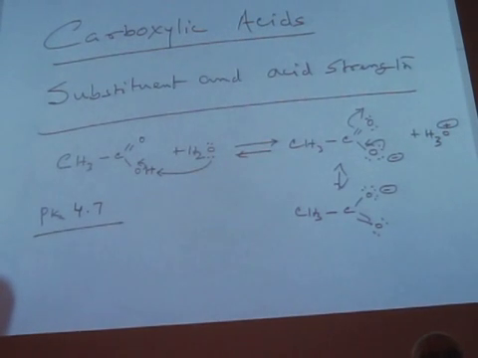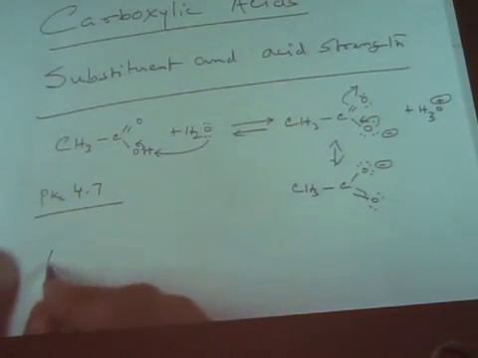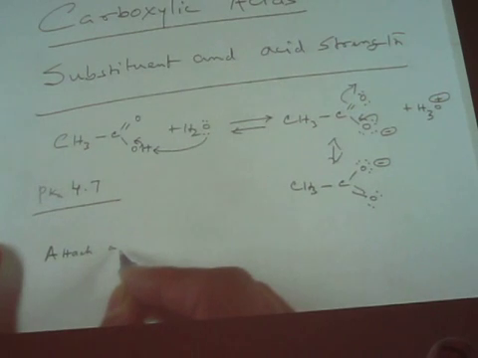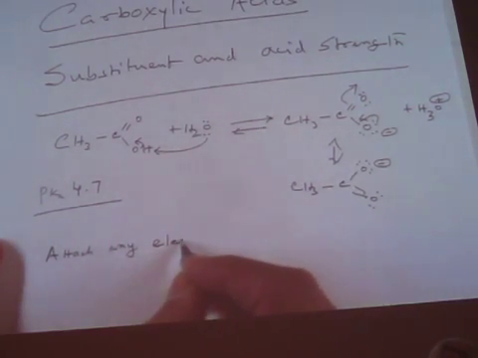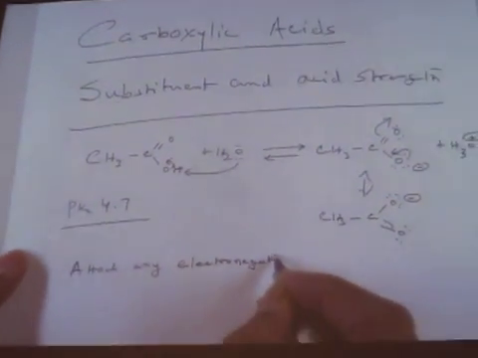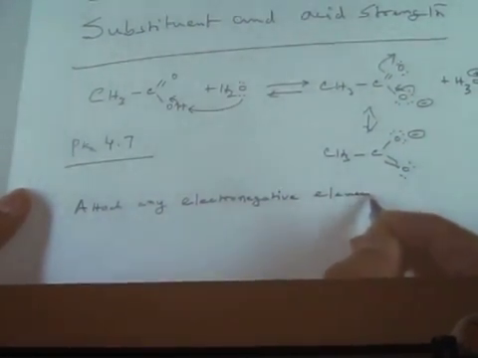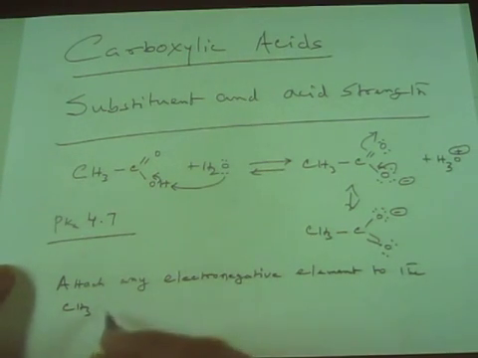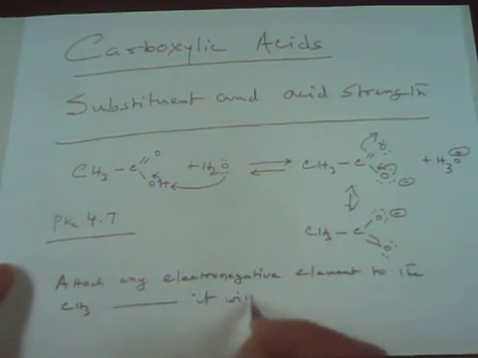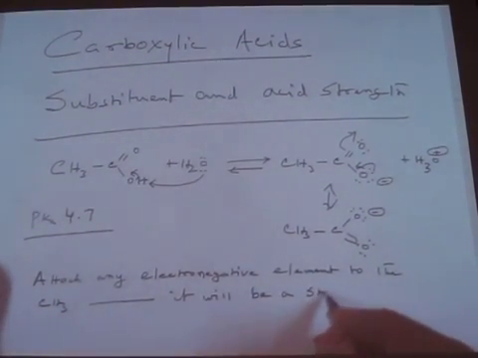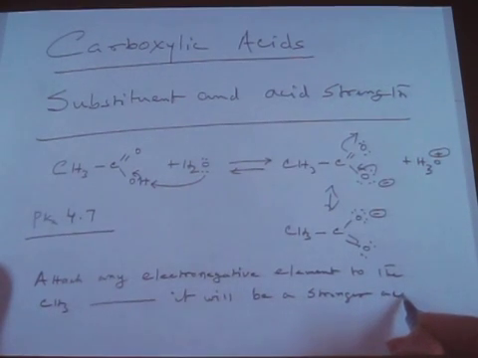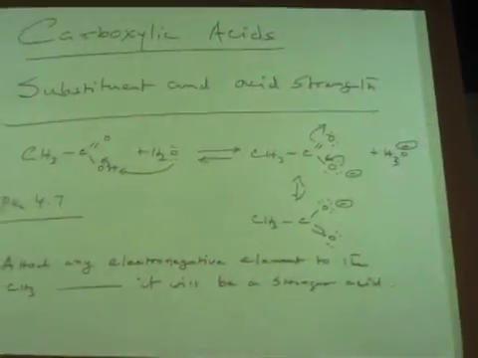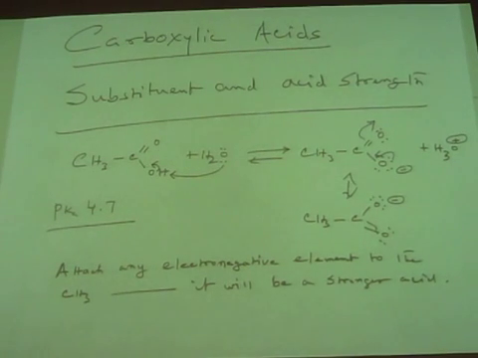And you can predict that if you attach an electronegative element, depending on how efficiently it pulls the electron, it will make it a stronger acid because the anion is stabilized better that way.